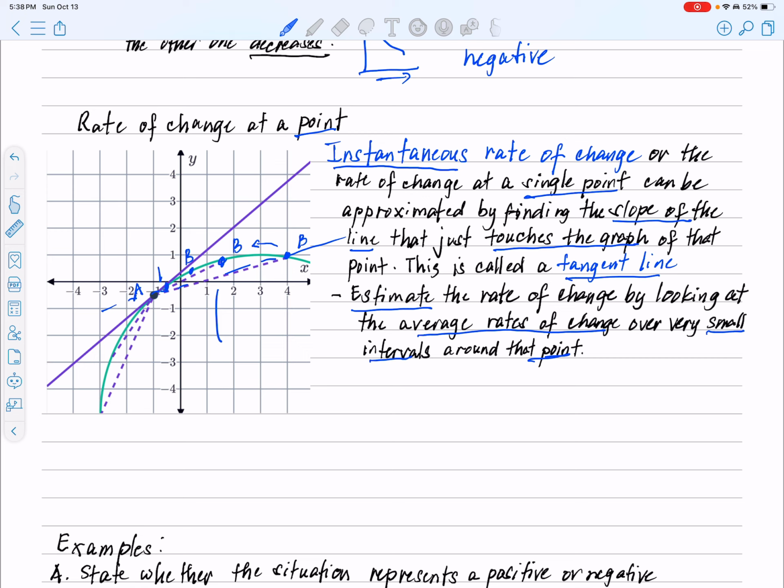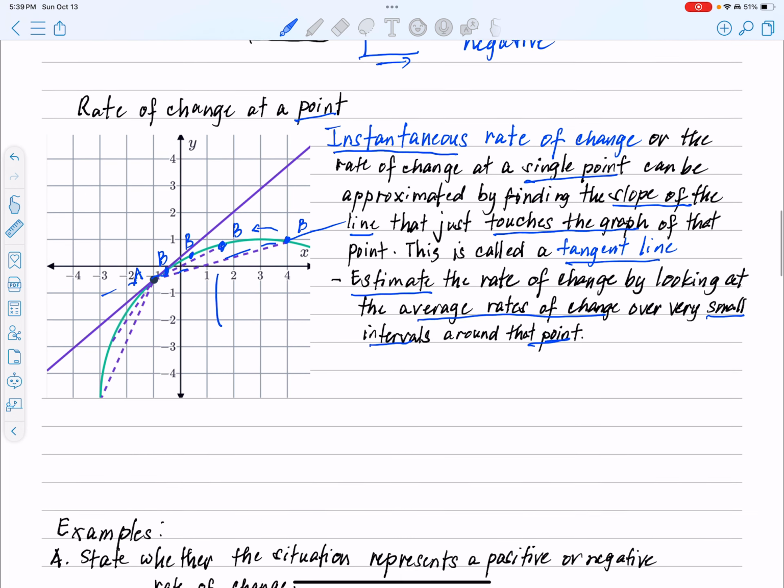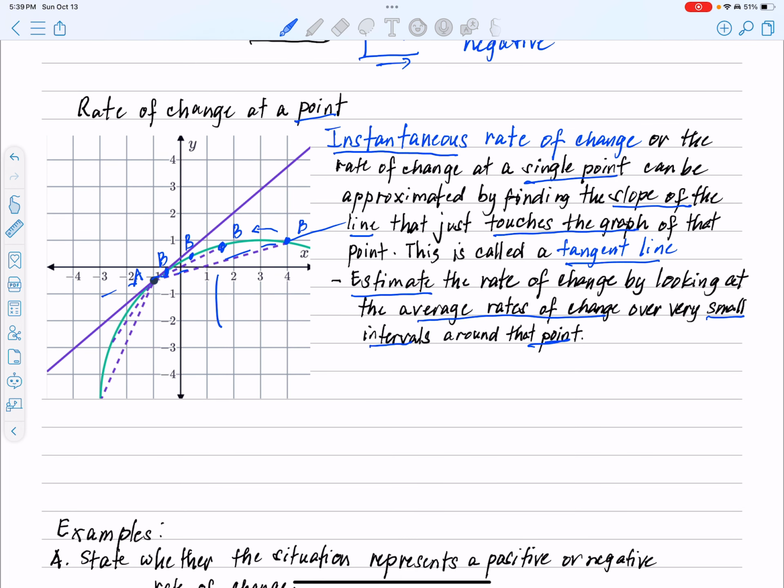The more the interval gets smaller and closer to the point, the rate of change can be estimated by the slope of the line. I will be giving you a problem that will help you understand.